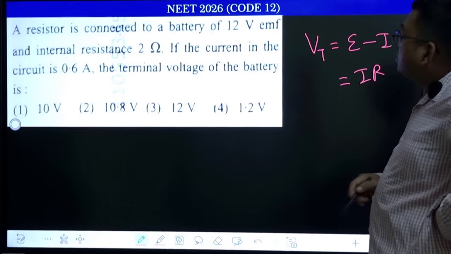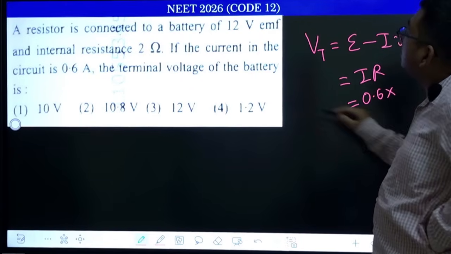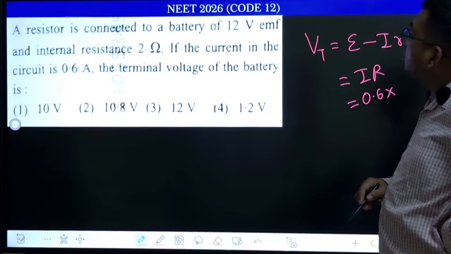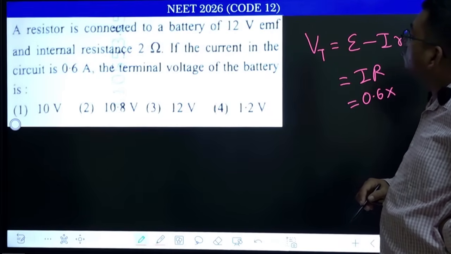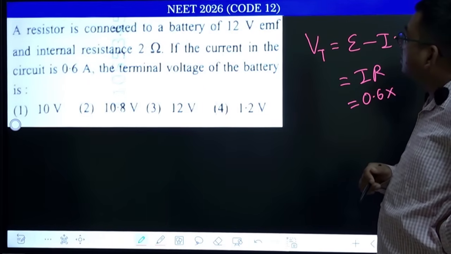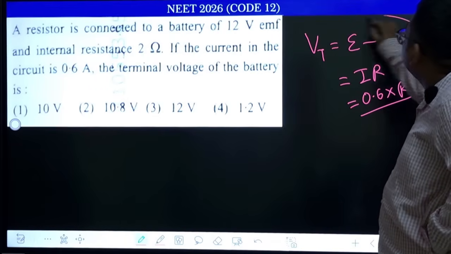So current they have given 0.6, and external resistance they have given how much? They have not given external resistance. That's why you cannot use this. Better you have to use this formula only.